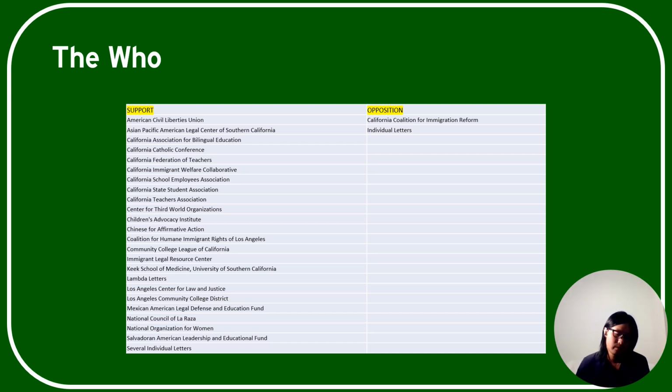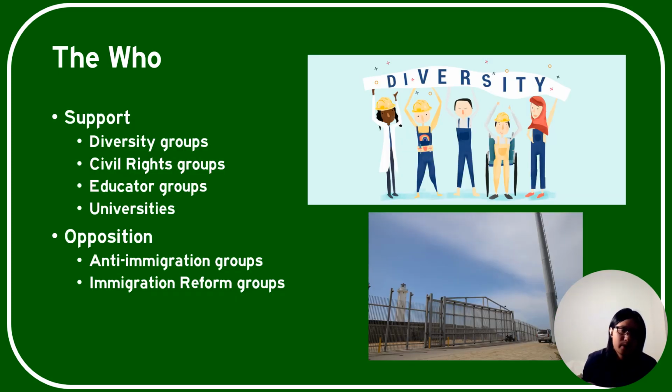So the who, right? I mentioned before the list of supporters and opposition. So you can see that list of supporters. You generally have diversity groups, civil rights groups, educator groups, and universities.